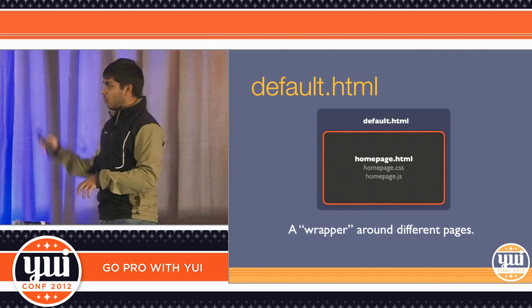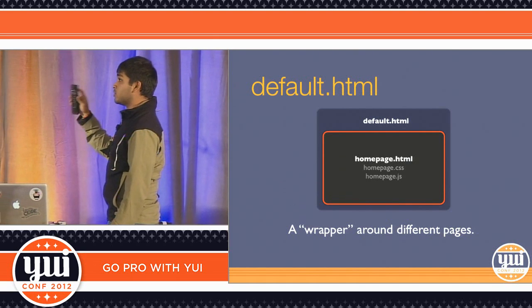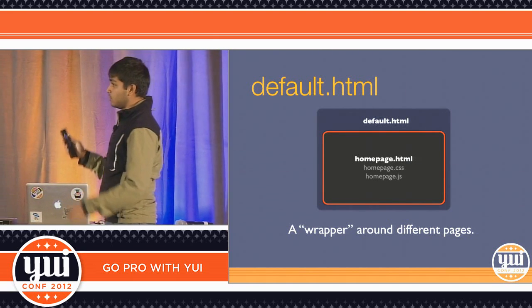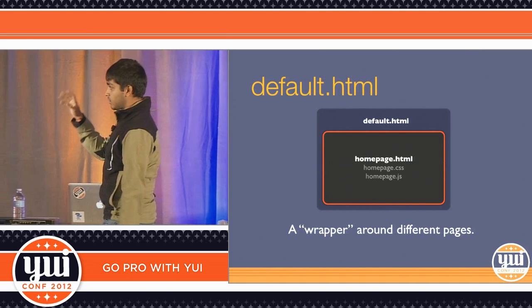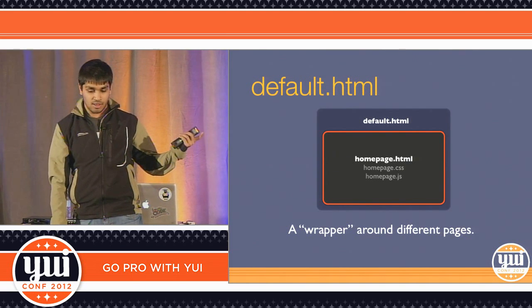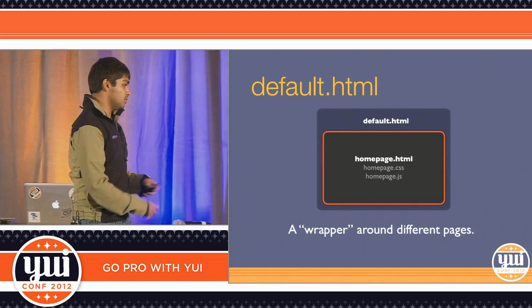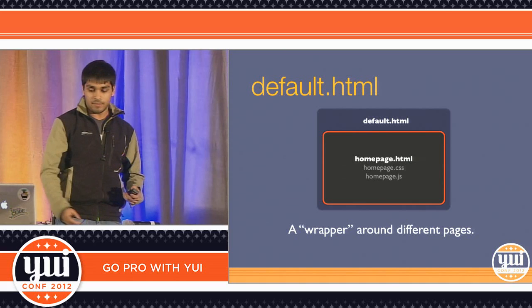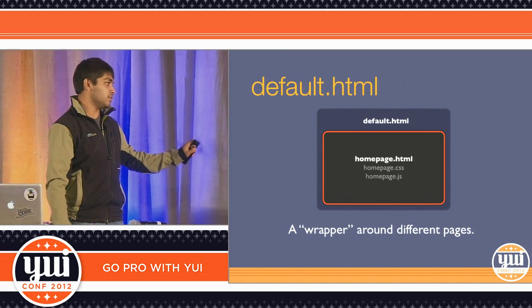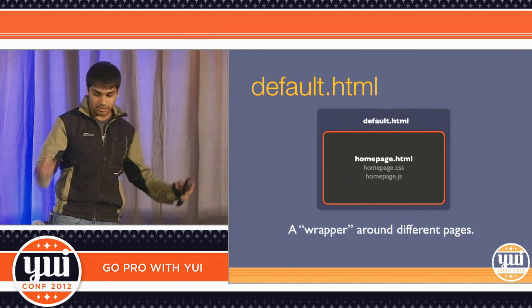So default.html has this shell, and if you have any scripts or styles that you want access to throughout your app, you can put that in default.html. So here you can see you have default.html, but the actual page the user is viewing might be homepage.html. They don't actually know the default.html is there. So homepage.html gets loaded along with its scripts and styles, and then that gets placed inside this shell.